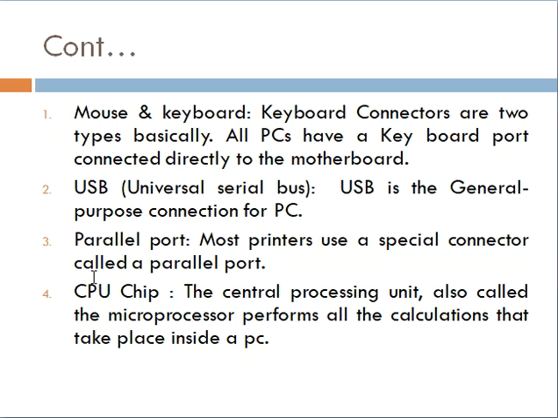A number of chips are inserted inside the motherboard, but we cannot read them because they are printed by the company and we cannot replace them ourselves. The CPU chip is the central processing unit, also called the microprocessor, and performs all the calculations that take place inside the PC.